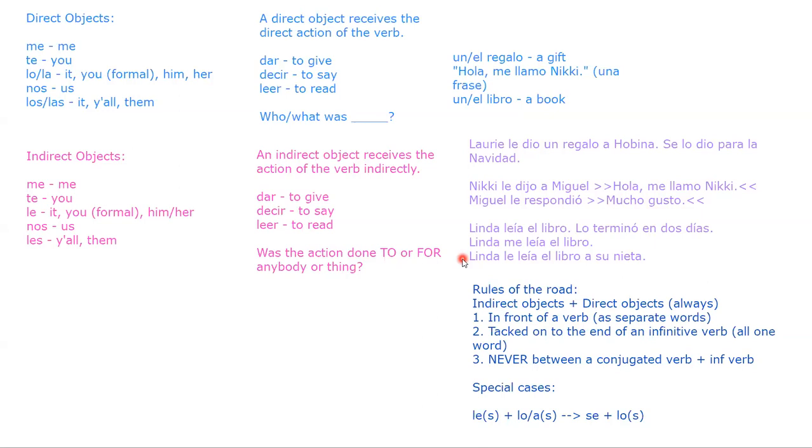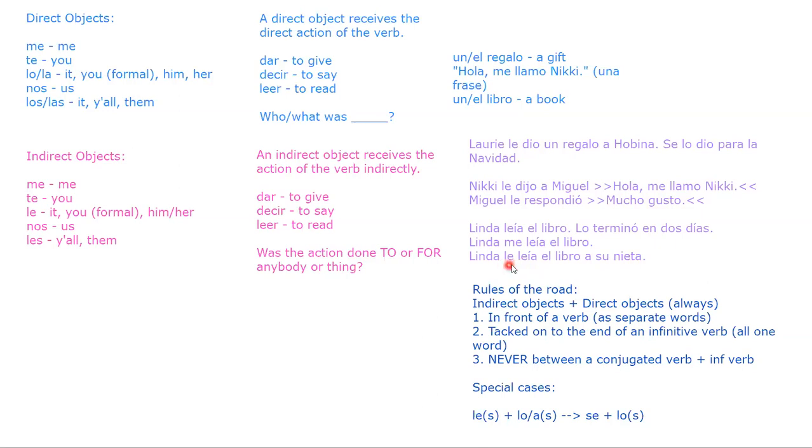"Linda le leía el libro a su nieta." Linda read the book to her granddaughter. Now you might notice something here. Again, if I've got a le and I've got a su nieta, I'm clarifying who I'm talking about.